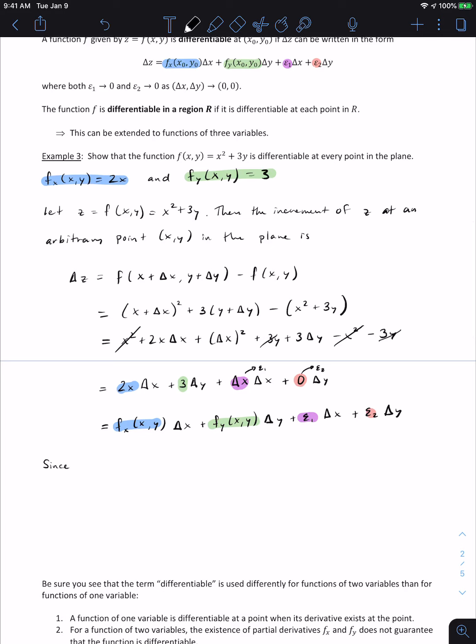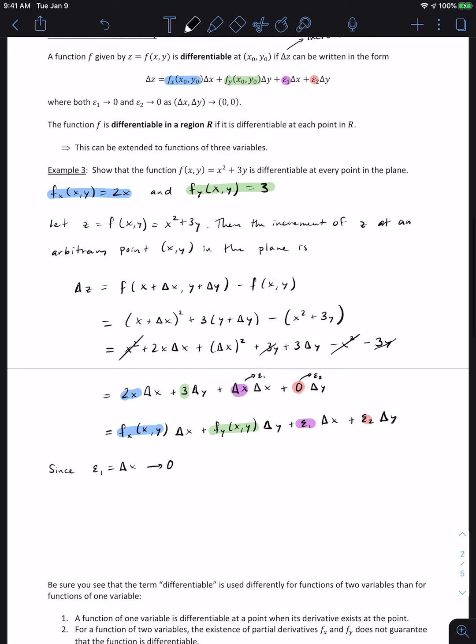So since, what is epsilon 1? Epsilon 1 is equal to delta x, which goes to 0, because delta x is going to 0 by definition there. It says as it goes to 0.